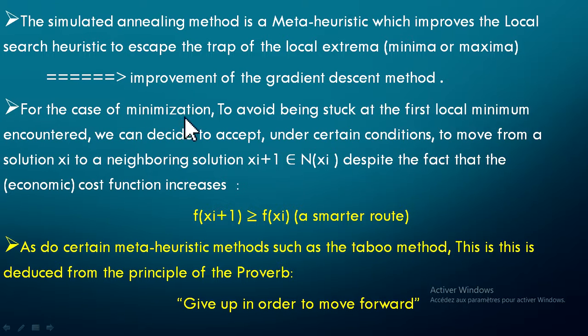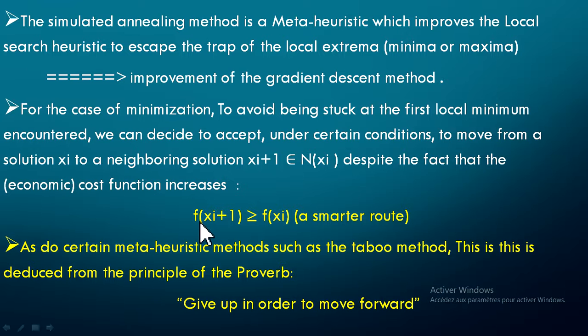For the case of a minimization problem, to avoid being stuck at the first local minimum encountered, we can decide to accept, under certain conditions, to move from a solution xe to a neighboring solution xe plus 1, which is in the space nxe of neighbors, despite the fact that the economic cost function increases.